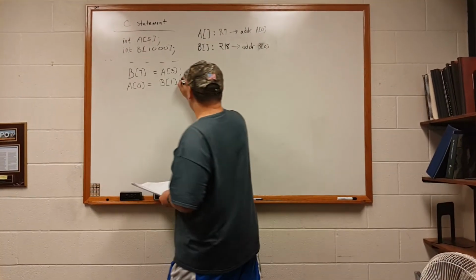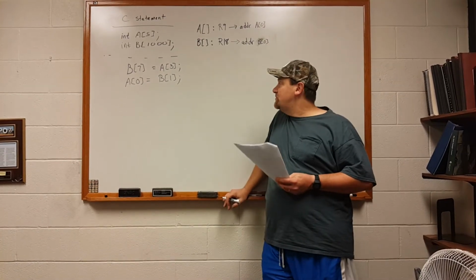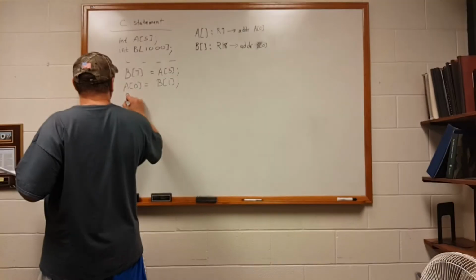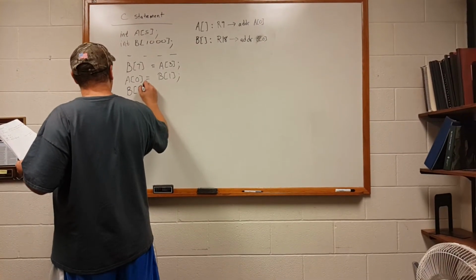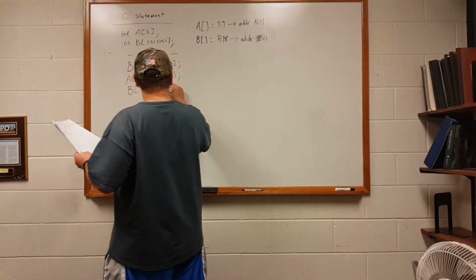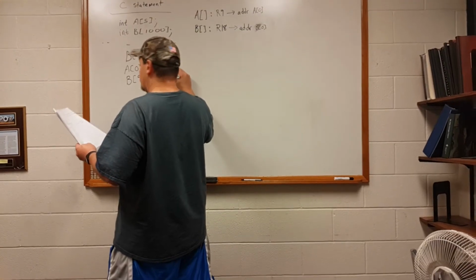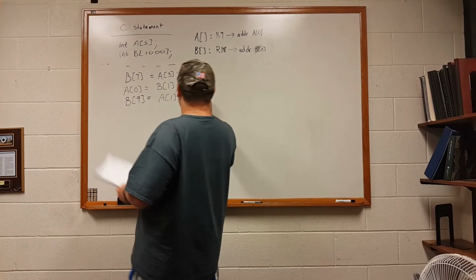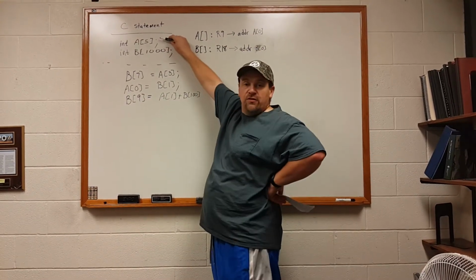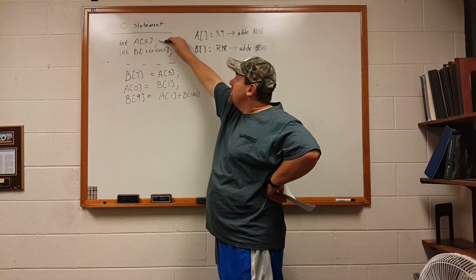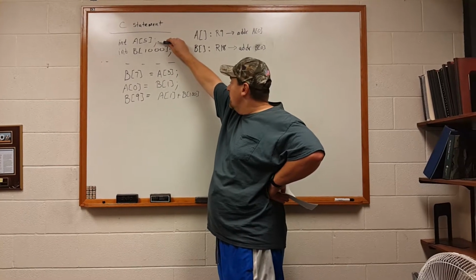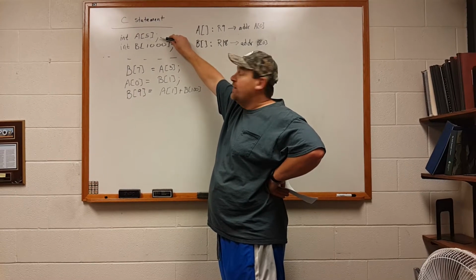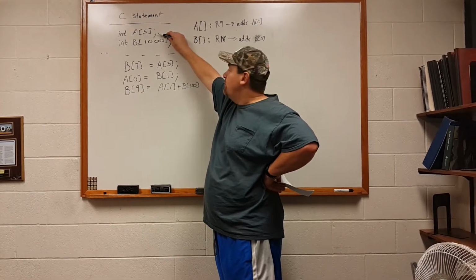The next C instruction we have is that A of 0 is equal to B of 1. And then finally, we have B of 9 is equal to A of 1 plus B of 100. Now, A only has 5 elements. We can go from A0 to A4. If we were to go to A[5], we would have a memory fault.